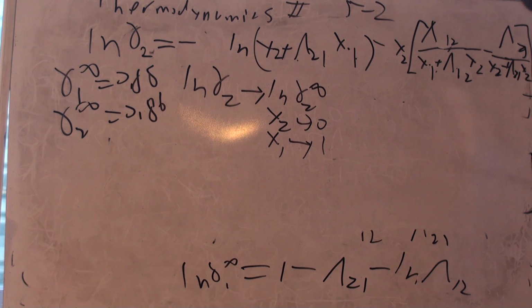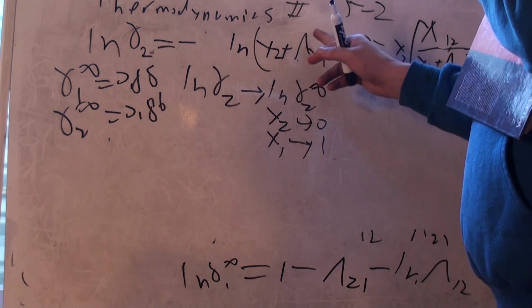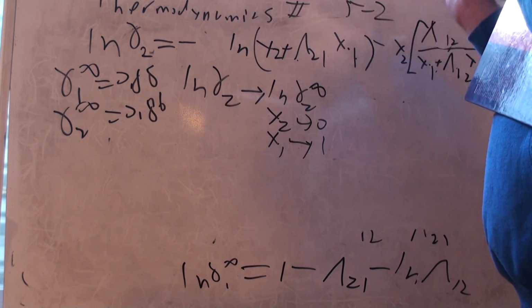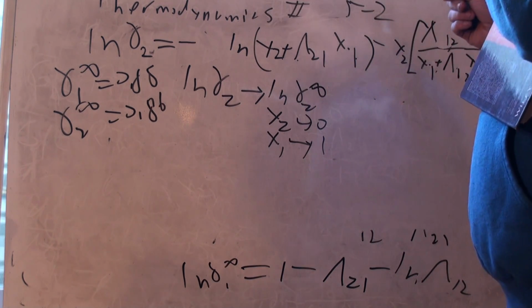Oh yeah, in your book it is wrong. There is a typo on this one. But let me confirm that that's true. So I should have x2 plus a21 times x1. That's where the typo is.